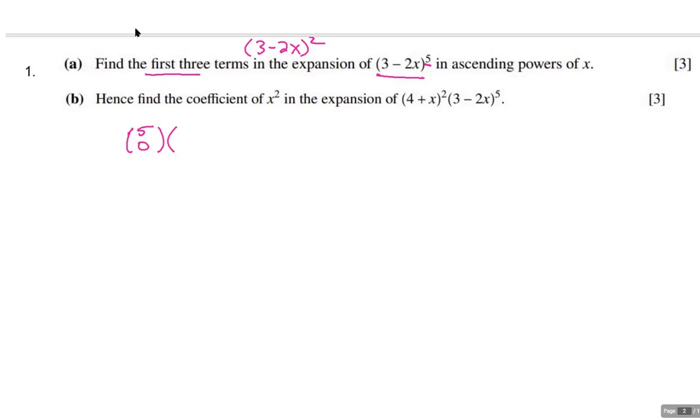Then we have this first number, and then we have the second number. In this case, this 0 and this power are always the same, and then these two always add up to the top number. So this has to be 5.